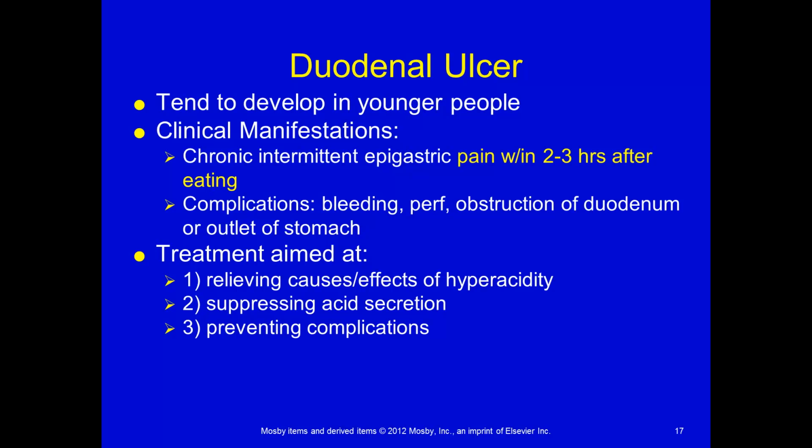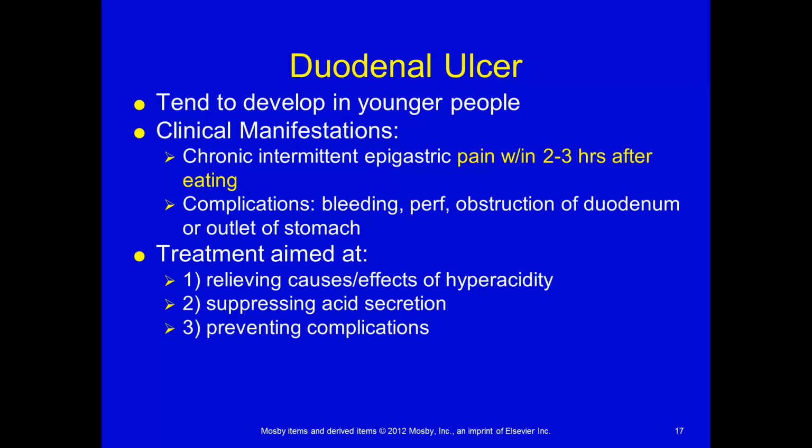So basically what that tells you is that they have pain when the stomach has emptied, because it's 2 to 3 hours after eating. And again, very characteristic of a duodenal ulcer is that the pain is relieved very rapidly by ingestion of food. So it's this very classic pain, food, relief pattern. We'll talk about why that is in just a second when we talk about gastric ulcers.